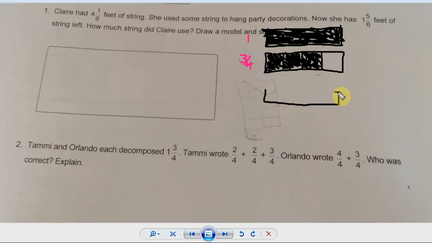So let's draw this back. This is going to be Tammy's work. We divide it up into 4 pieces. She had 2/4, so we shade 2/4. Then she had another 2/4 to it. When we shade 2/4 here, there's another 2/4 left back, so let's use a different color to shade that other 2/4.